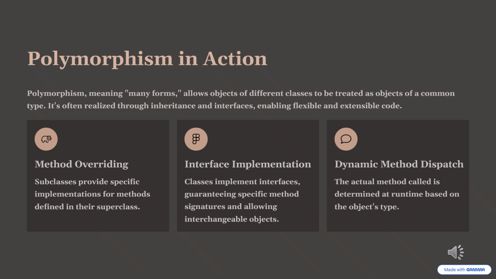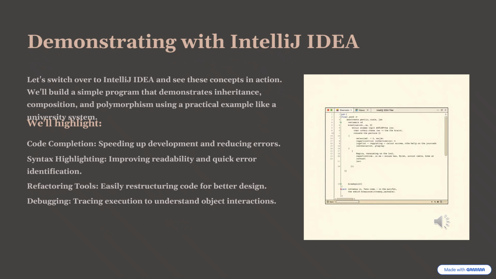Second, interface implementation, where classes promise to follow a specific structure, allowing interchangeable objects. And third, dynamic method dispatch, where Java decides at runtime which method to execute based on the actual object type.